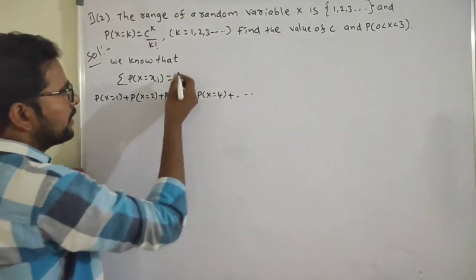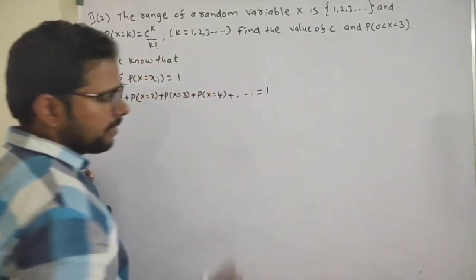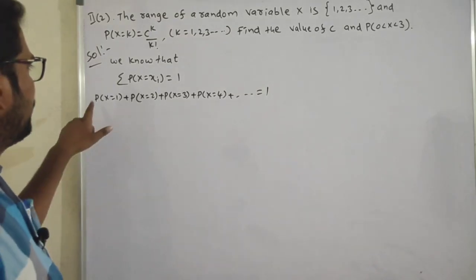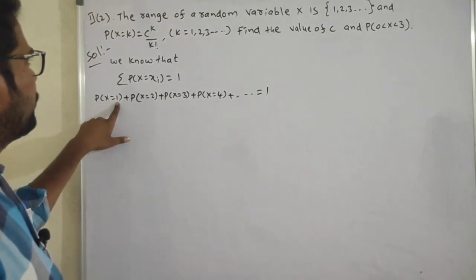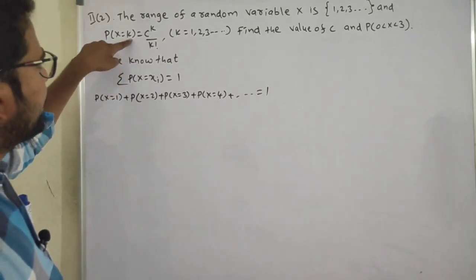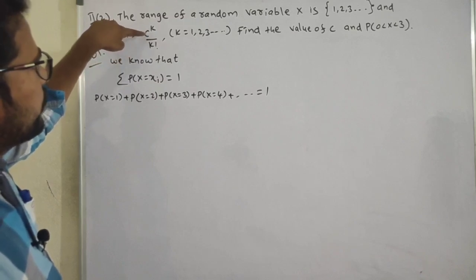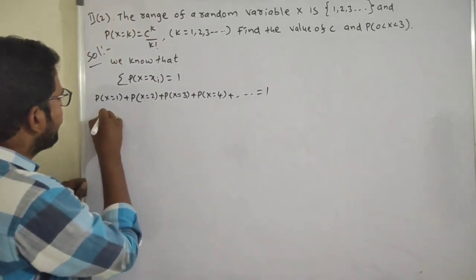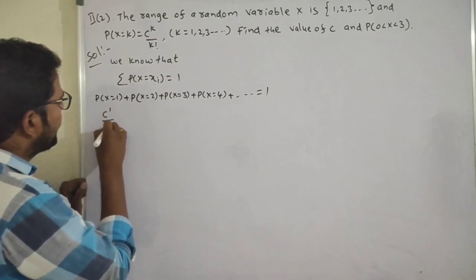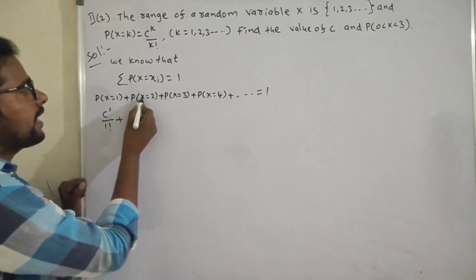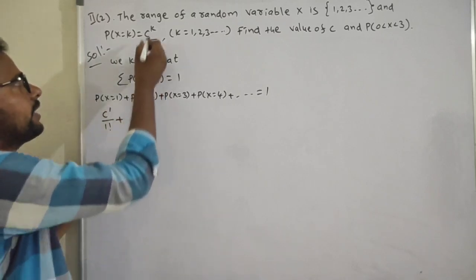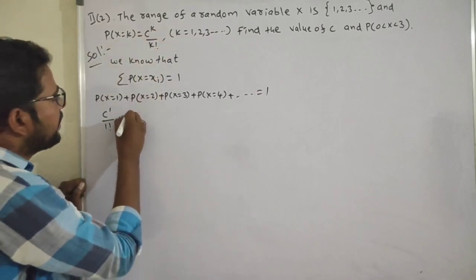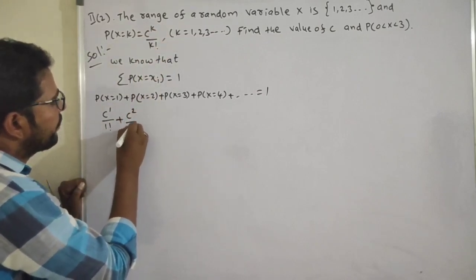And so on. What is the right side? It is equal to 1. P of x is equal to 1 value. Take k is equal to 1 here in the RHS, so it becomes c power 1 by 1 factorial, plus take k is equal to 2, so it becomes c square by 2 factorial, plus.